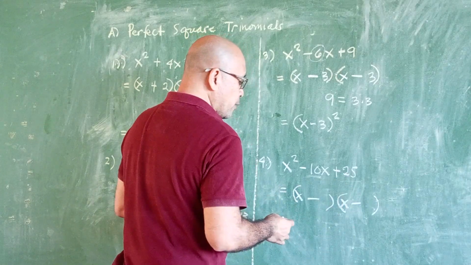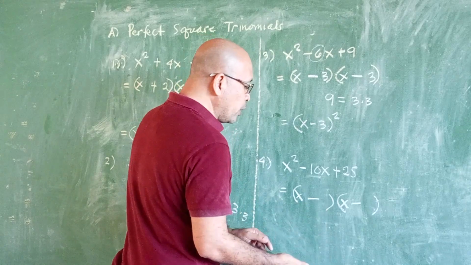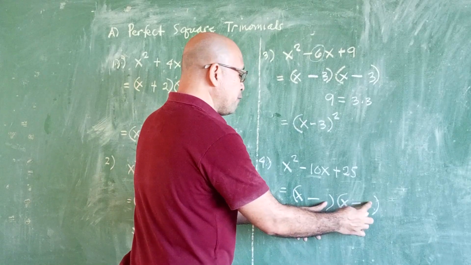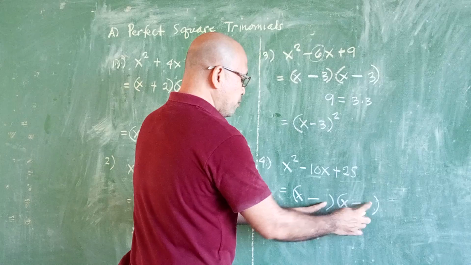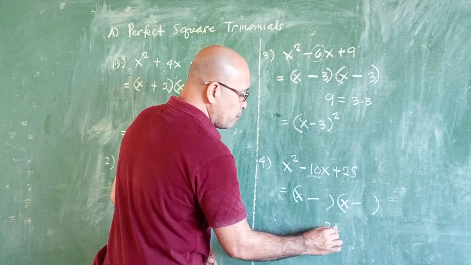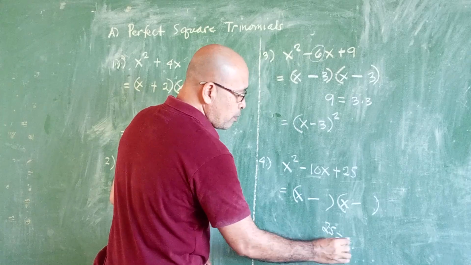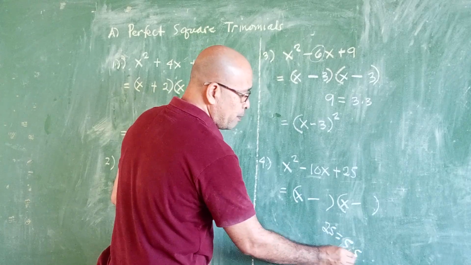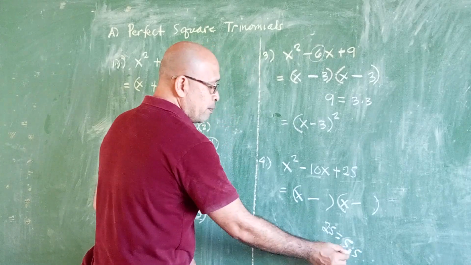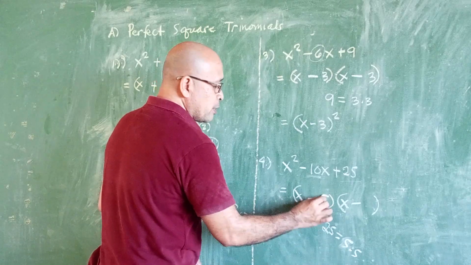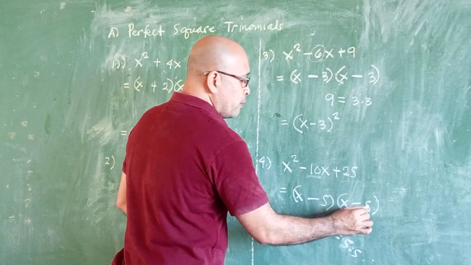Again, as I said earlier, if it is a perfect square trinomial, the last terms of your factors are the same. So, the factors of 25 that will give you the same number will be 5 times 5. And that is 5 here and also 5 here.